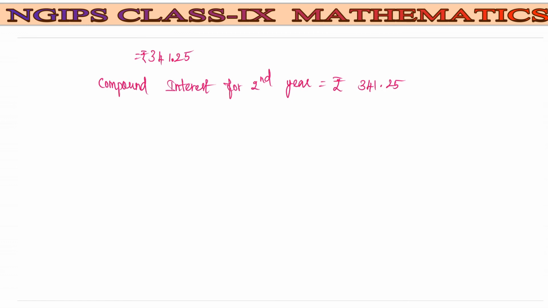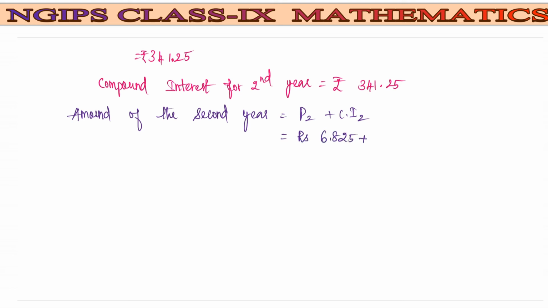The amount of the second year is equal to the second year principal plus the second year compound interest. Second year principal we have rupees 6825, plus interest we have rupees 341.25.